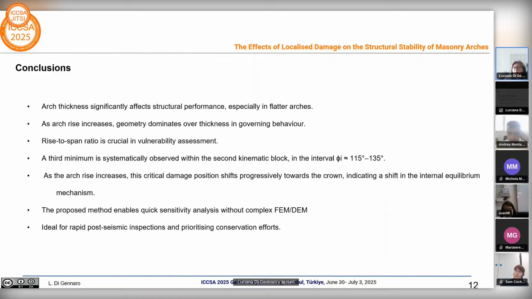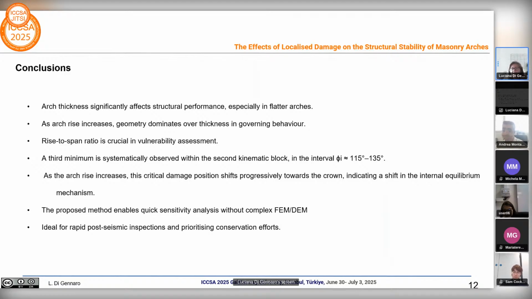and in particular, the damage at 15 and 165 degrees represents a criticality for the structural safety of the arch, and the range between 115 and 135 degrees represents another criticality near the crown of each arch analyzed.